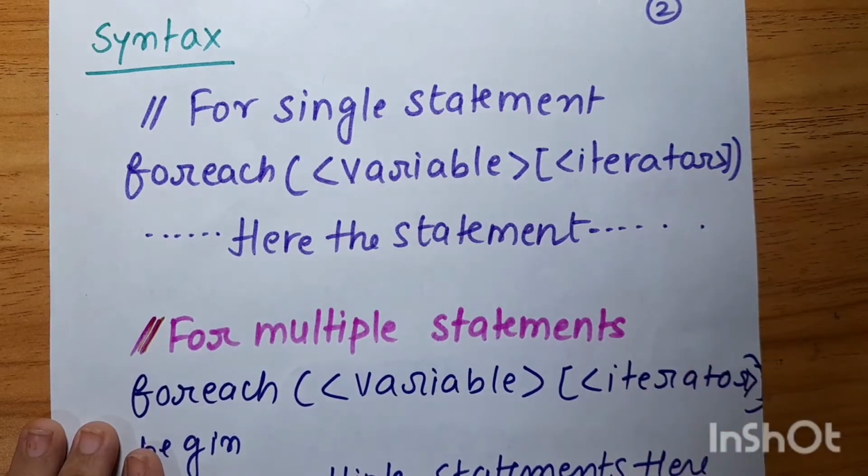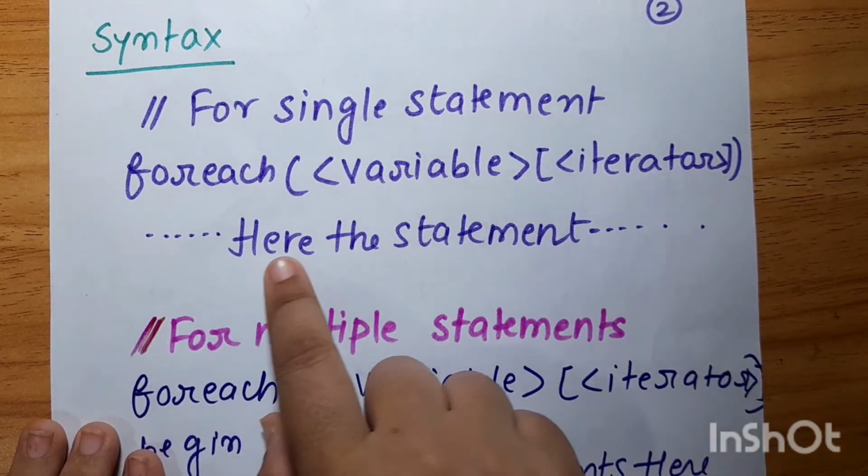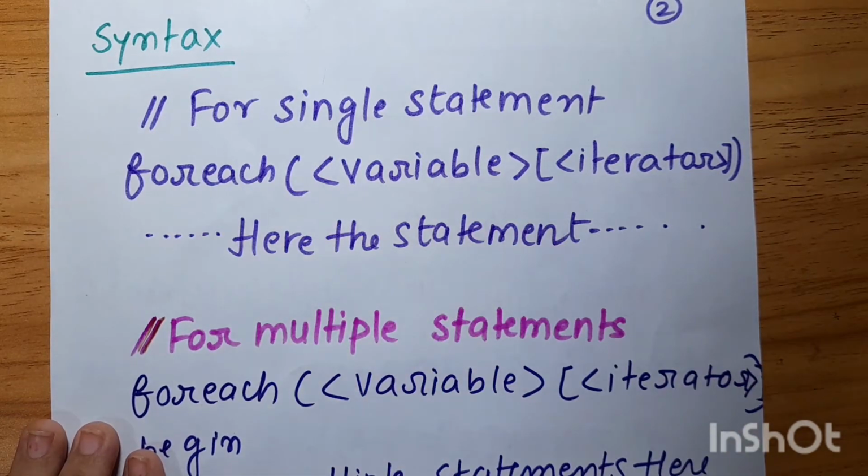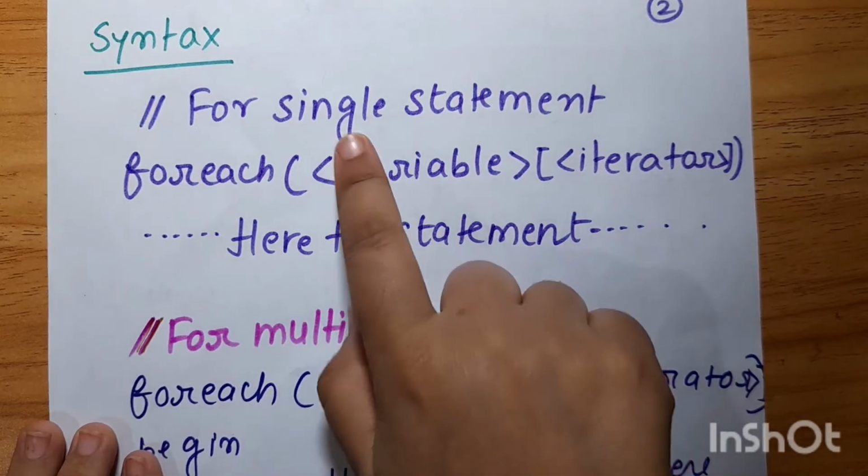Iterator means the index of the array variable I want to refer to, and below that I will put the statement, whatever data manipulation work I want to do on the data available at that particular index. That is for a single statement.